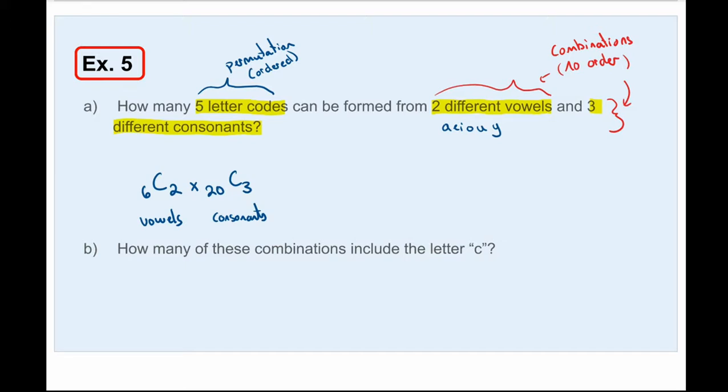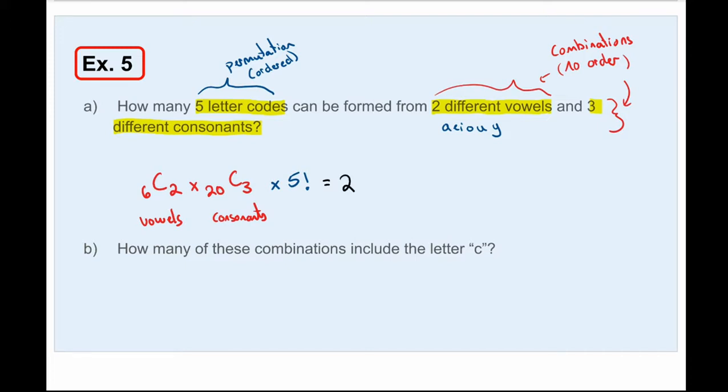So that's how many different combinations of letters that I could have for my code. But now I have to multiply it by 5 factorial for the order. Actually, let me go back and color code this. So the red is for my combinations, the blue is for my permutations. So 6 choose 2 times 20 choose 3 to give us the different combinations of letters that we have, times 5 factorial for the different orders that they could be in.